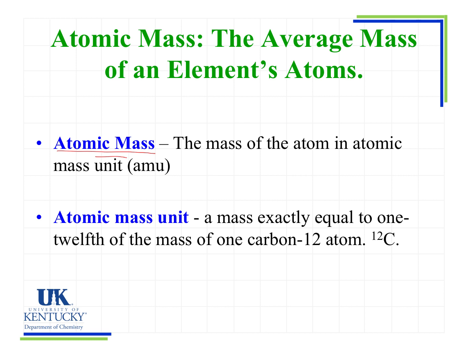Atomic mass is the mass of the atom in atomic mass units, AMU. And what is an atomic mass unit? Well, the atomic mass unit is a mass exactly equal to 1/12 of the mass of one carbon-12 atom.